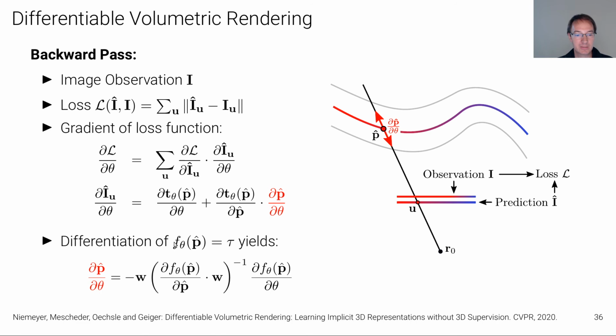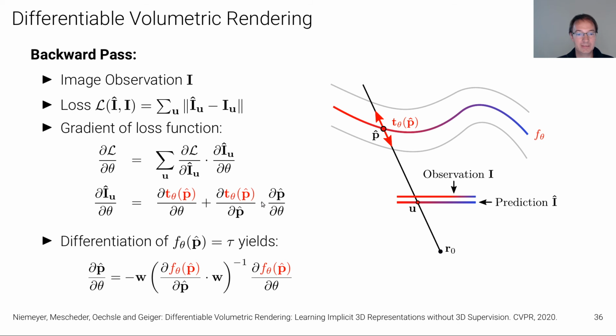And we do this by using implicit differentiation of this constraint here. And the constraint is the constraint that we have had before, which is simply saying that the occupancy network should predict at that particular point tau, which corresponds to the surface or to the decision boundary. So if we do implicit differentiation of this expression, we get an analytic expression for this derivative here, which is nice.